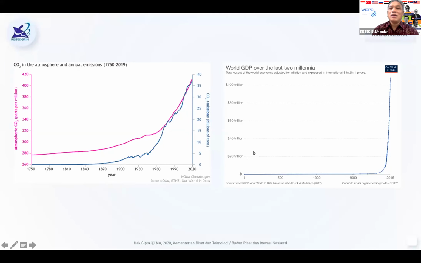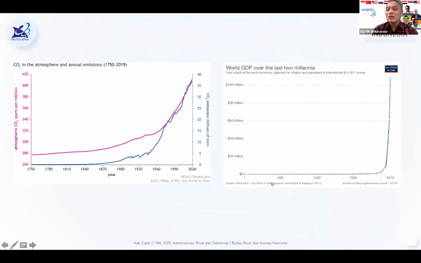Many things happening in the world throughout history take this shape. For example, world GDP takes the shape of a golf stick, like an inverted letter L.